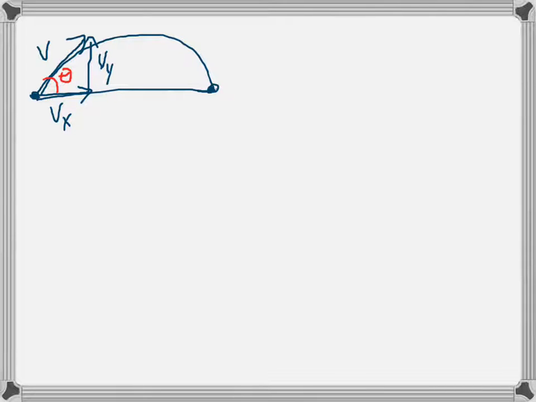If we're going to be launching at a velocity of v at an angle of theta, which is in red there, this velocity v can then be resolved into two vectors, a horizontal Vx vector and a vertical Vy vector.